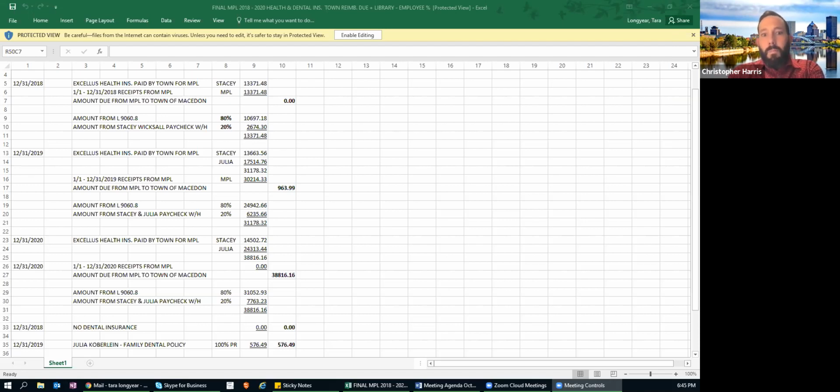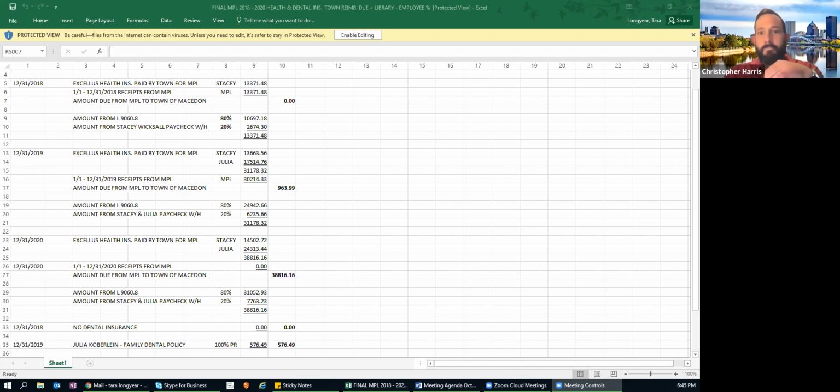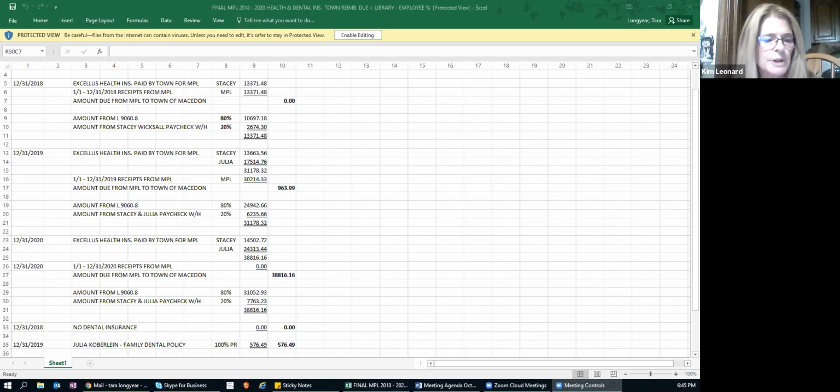Correct. The library paid 30,214.33 during 2019 to the town related to these benefits. So whether that's health, dental, or all health, no dental, that's the amount that was paid out to the town for these benefits. And please look at the attached spreadsheets because I put in the actual invoices from each month for both dental and health insurance.